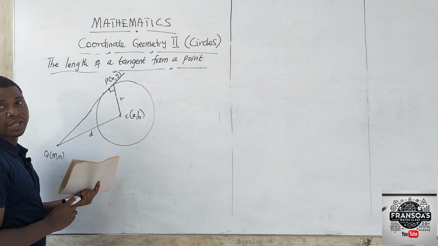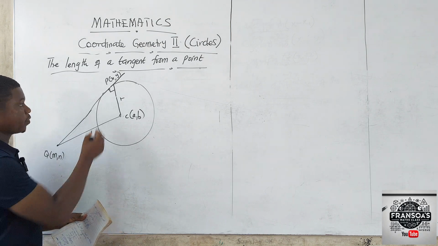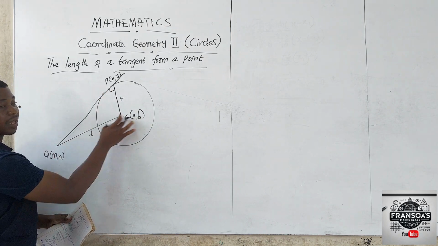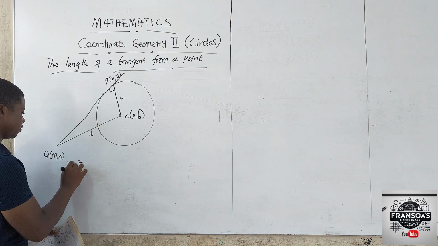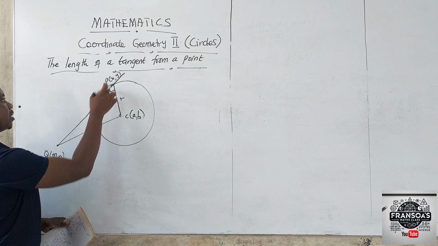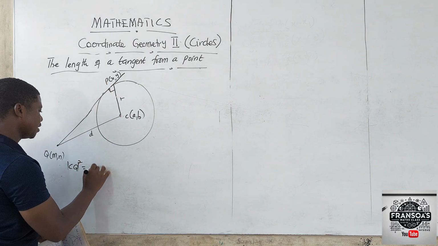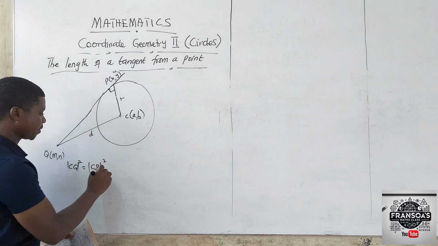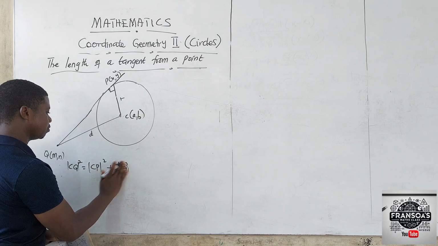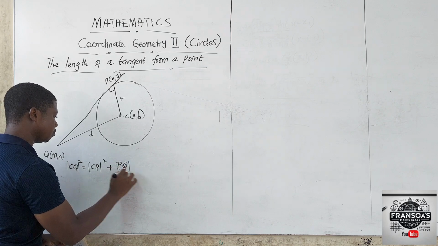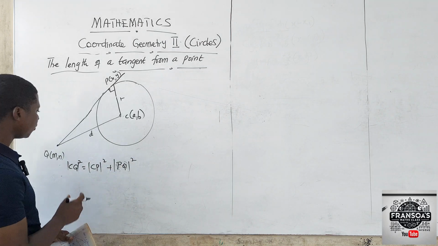Since this side is giving you 90 degrees, it means you can use the Pythagoras theorem, where we have the longer side, which is CQ squared, equal to the sum of the squares of the other two sides, that's CP squared plus PQ squared.